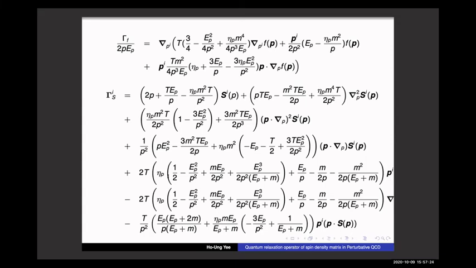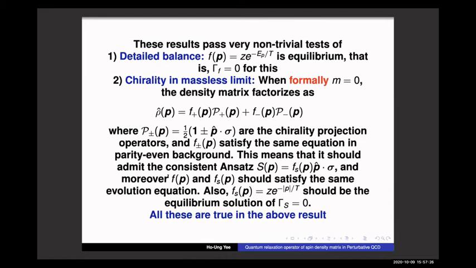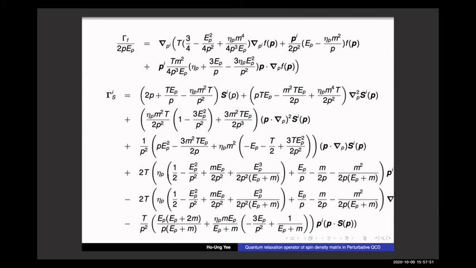We also did a couple of very non-trivial checks on this result. For example, the detailed balance in equilibrium is checked, which I should say was quite non-trivial to see. If we insert this Boltzmann distribution, which depends on momentum through the energy, it non-trivially makes the collision term all vanish. That was quite spectacular to us.